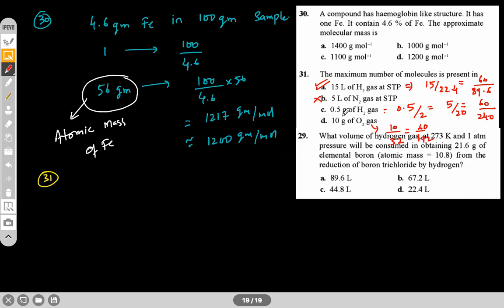That's what I'm asking. With mass, how do you find out volume? Guess what? You are taking it at STP, but STP condition is given only for A and B. C and D you cannot assume at STP. It is not given there.